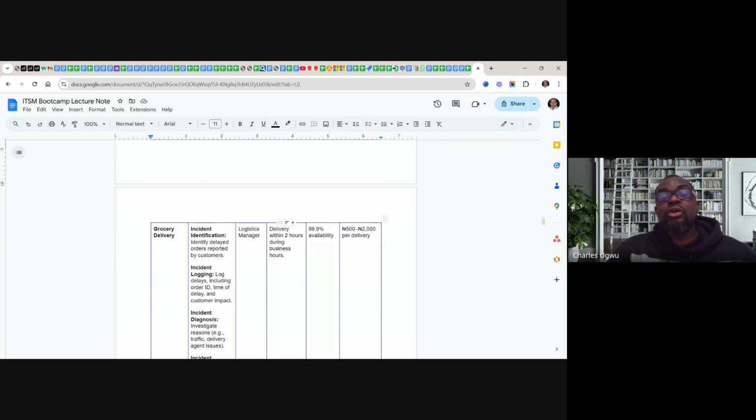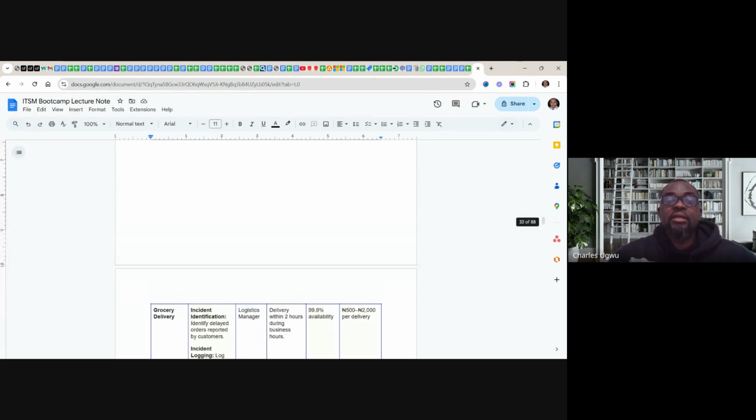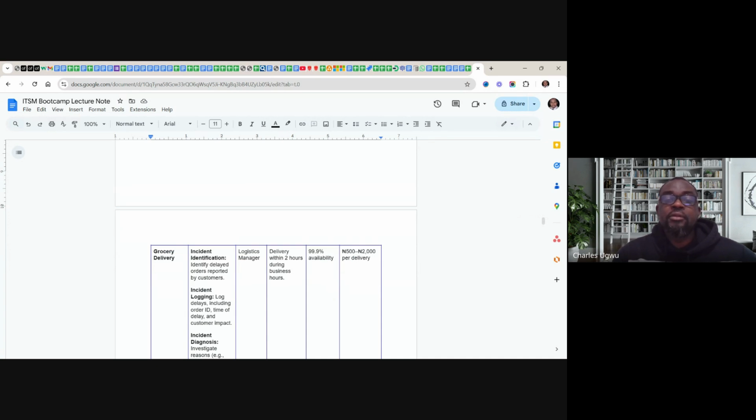And once we capture it, once we agree, for instance, here you see the grocery service level agreement: delivery within 2 hours during business hours. Two hours to deliver a product or our service here. That is what they have agreed.